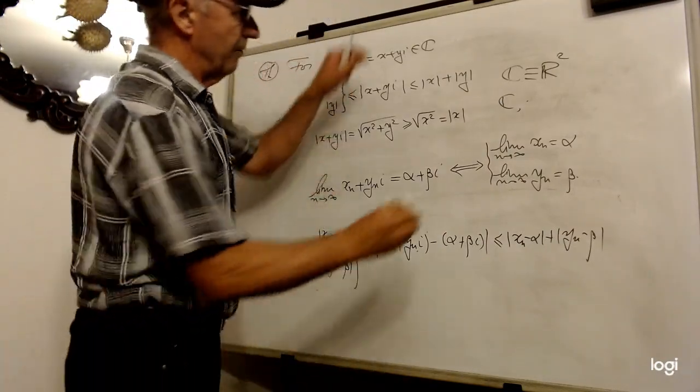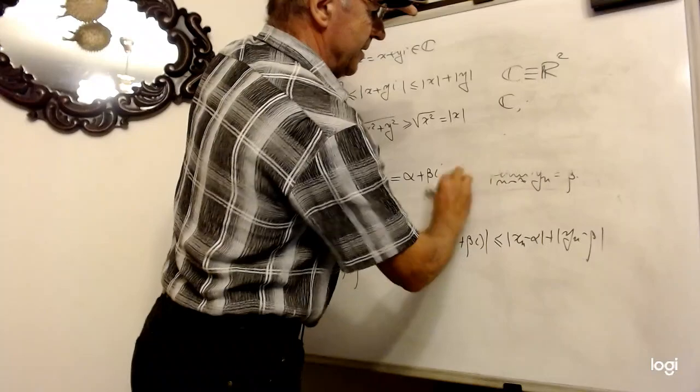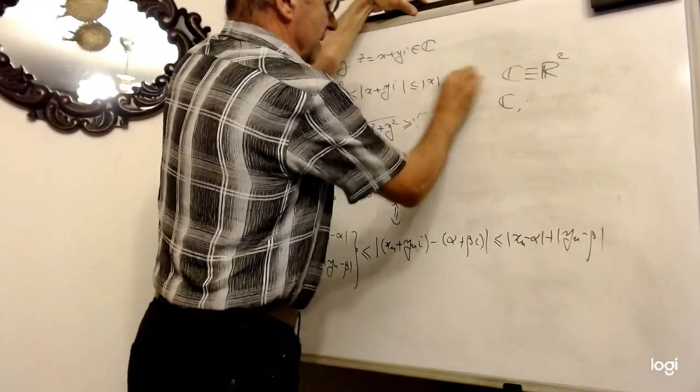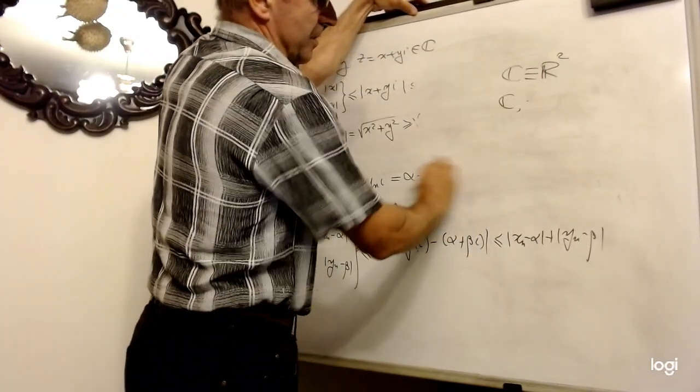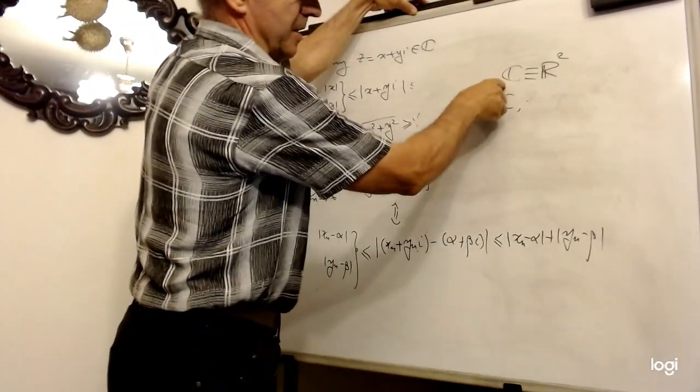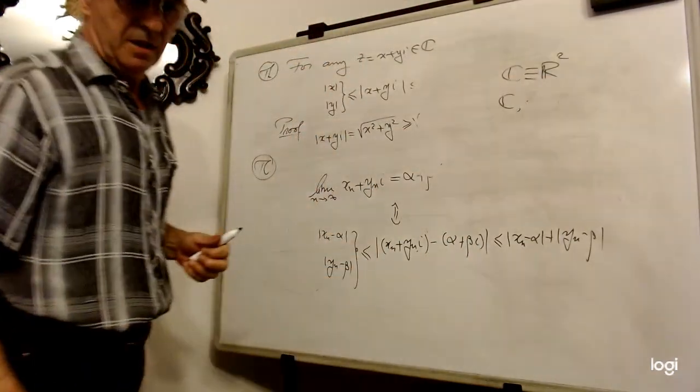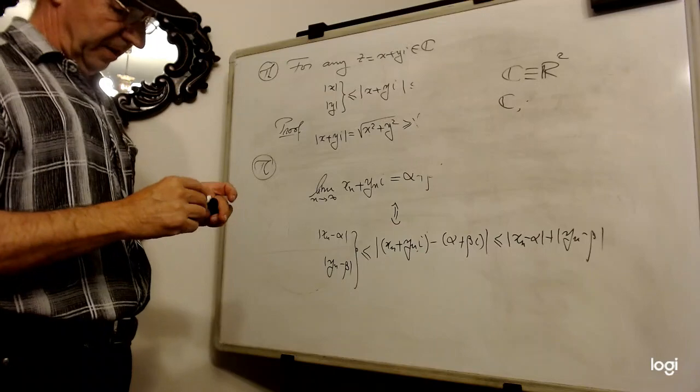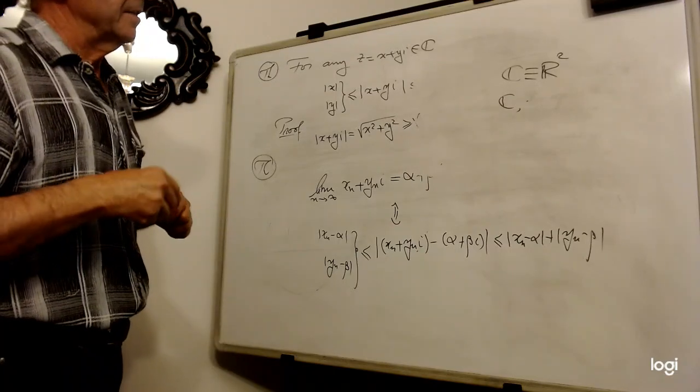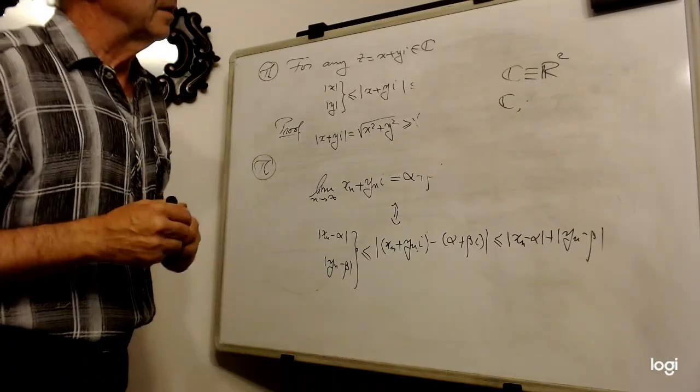Multiplication of complex numbers is an additional structure existing here but not existing here. But we shall discuss this in more detail in a next video clip.